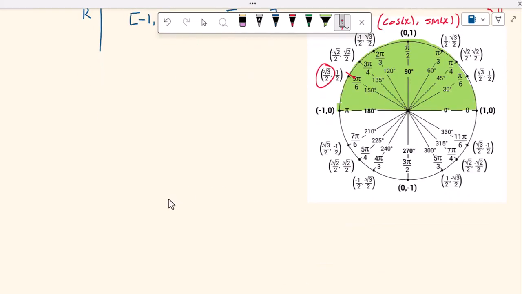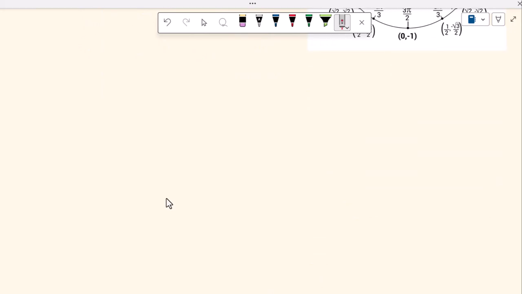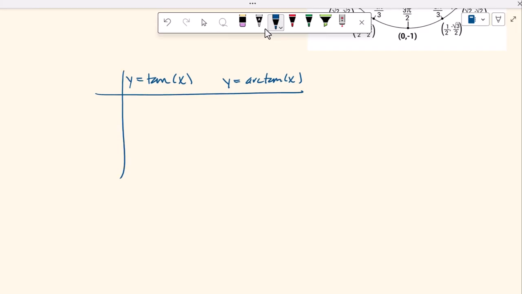Let's do the same thing for tangent. When we're working with tangent, I need to remember that I have vertical asymptotes, because tangent is equal to sine over cosine.